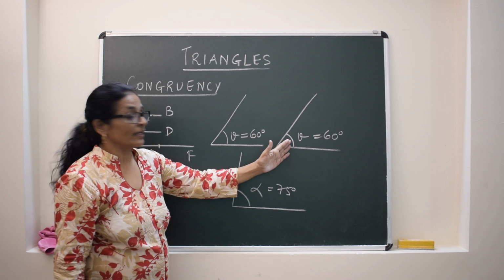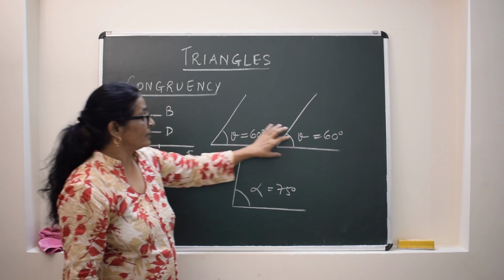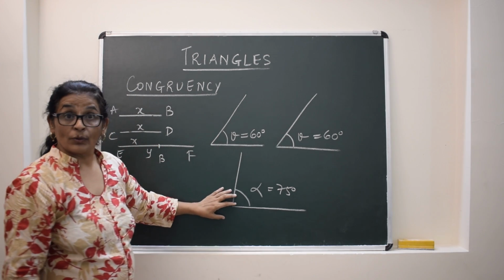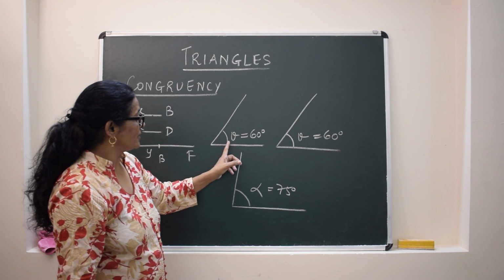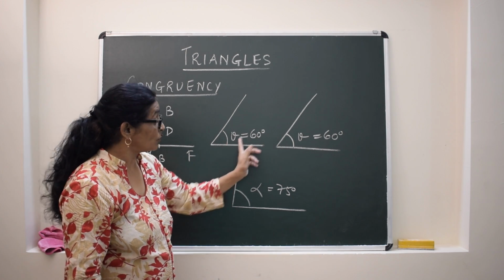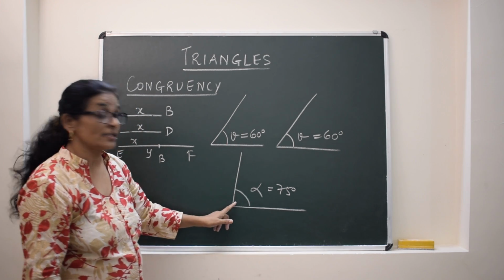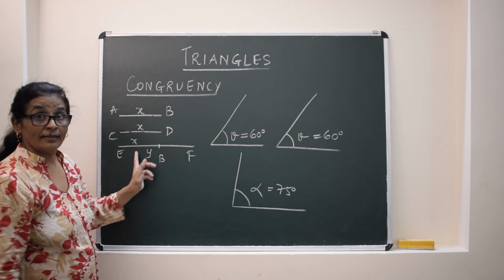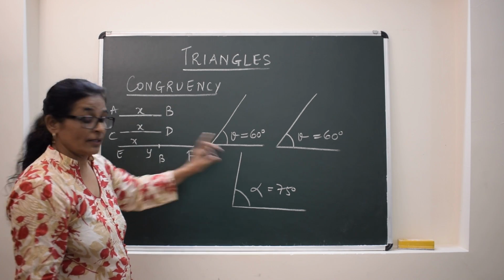So the measure of the angle will decide whether the angles are congruent or not. So this angle is congruent to this, and both of them are not congruent to this third one. So here the length, and here the measure of that particular angle.